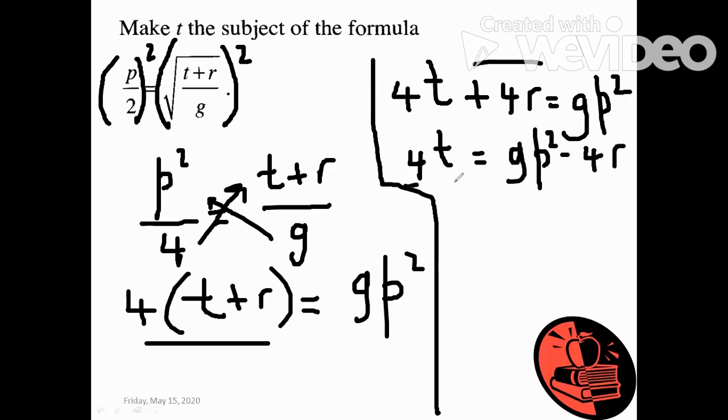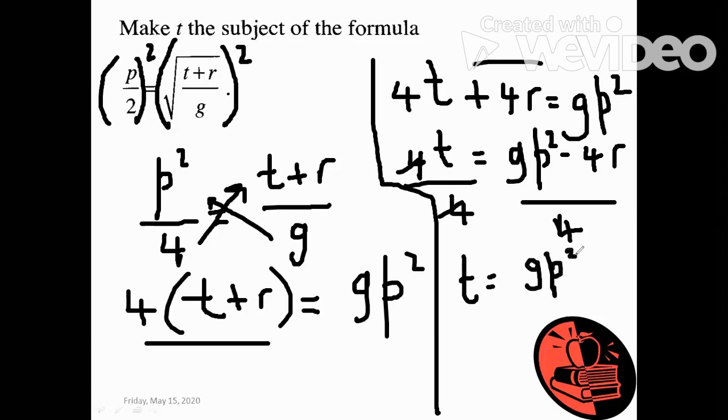So we want t, so we're going to divide everything by 4. This 4 cancels. So hence t is equal to g p squared minus 4r all over 4. And that's the answer.